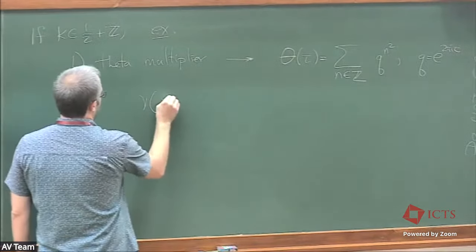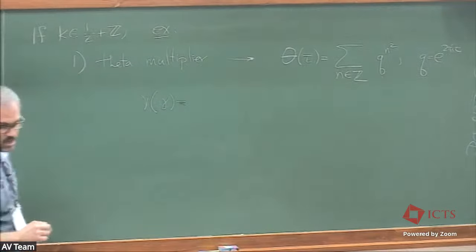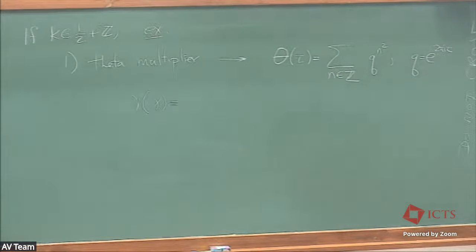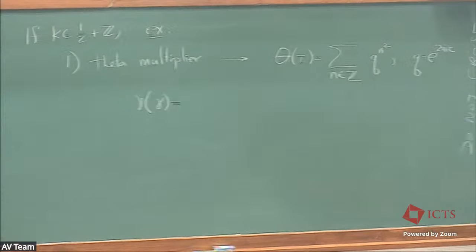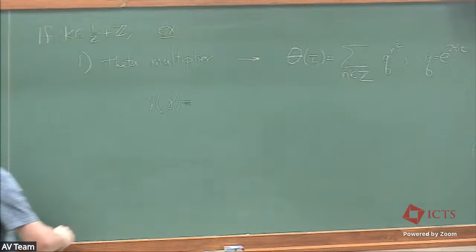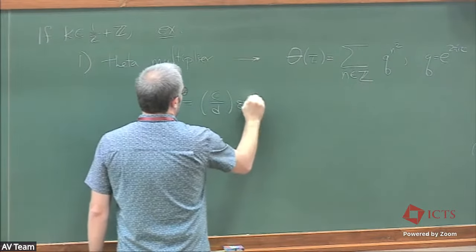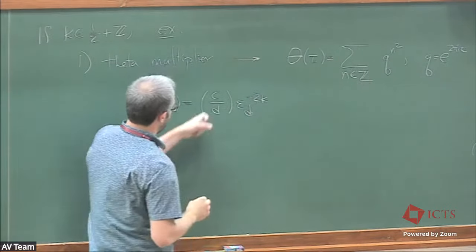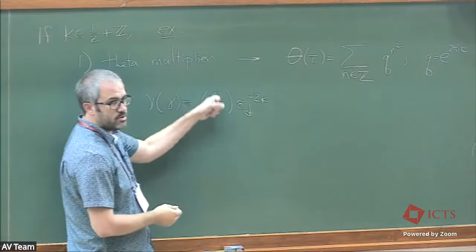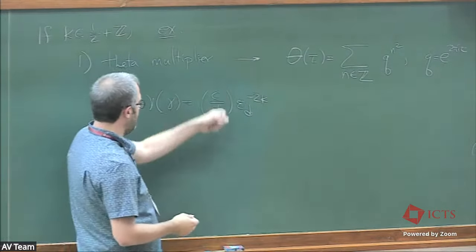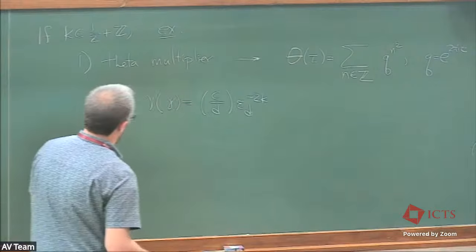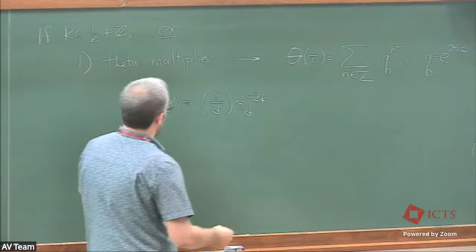Nu of gamma is, to look at my notes here, (c on d) epsilon d to the minus 2k. Here (c on d) is just the Legendre symbol, extended to be able to handle all of the inputs that you want to put into it.